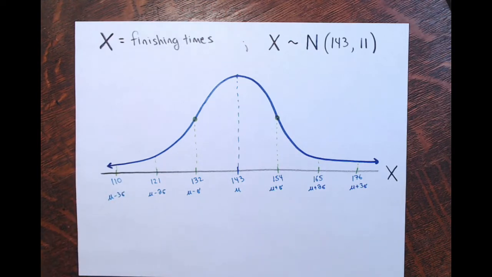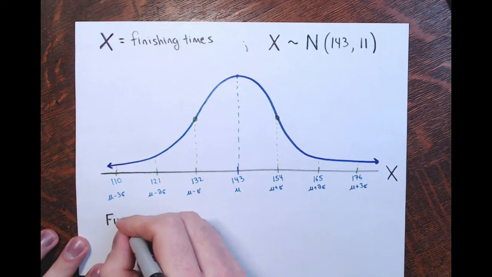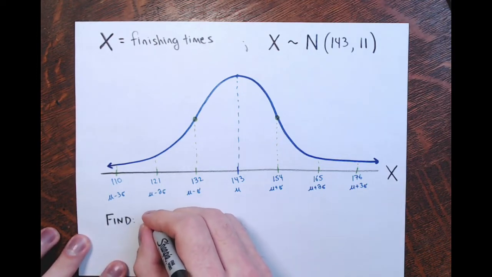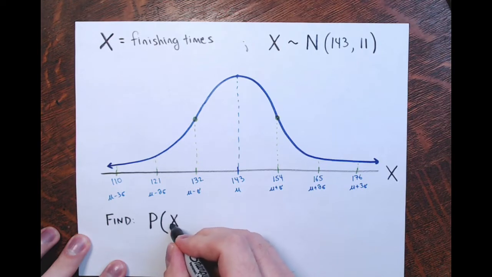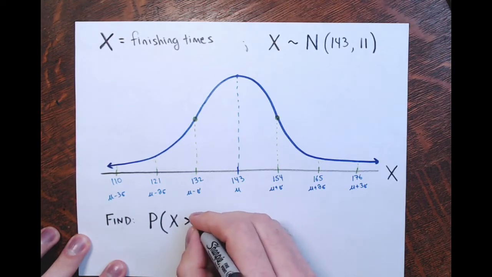Now, we're asked to find the following probability: the probability that a randomly selected race participant had a finishing time greater than 154 minutes. Remember the probability notation: the probability that the value of x is greater than 154 minutes.